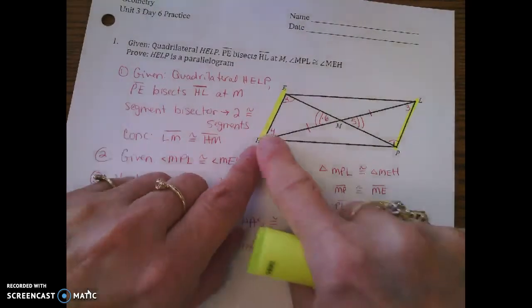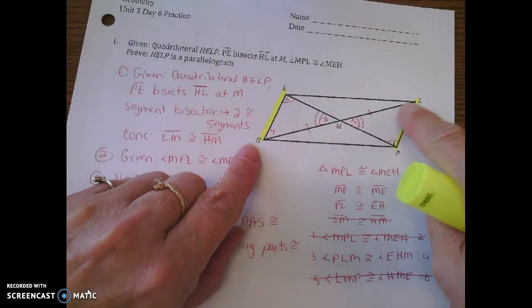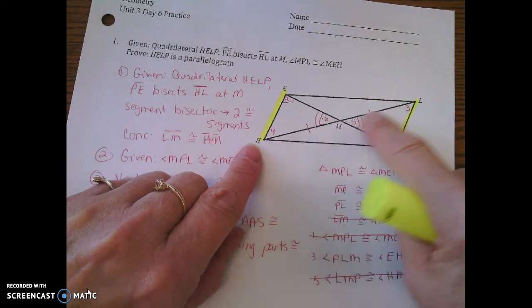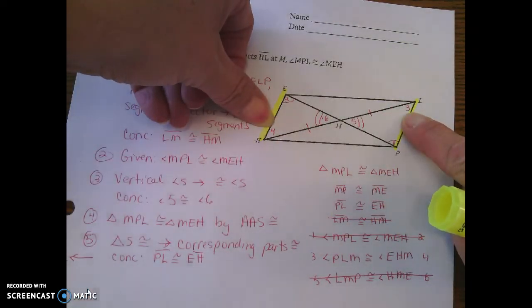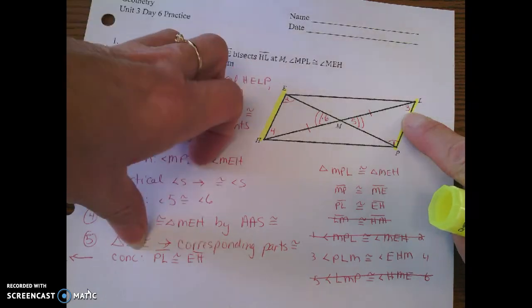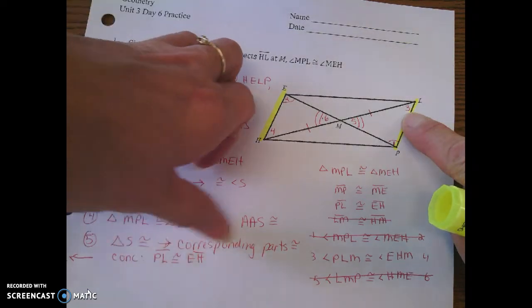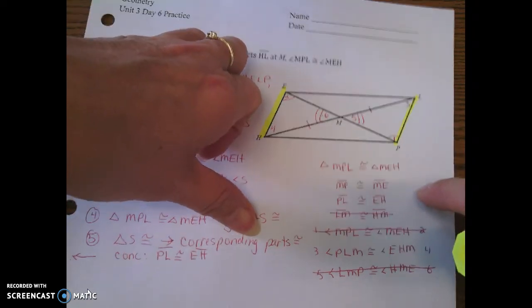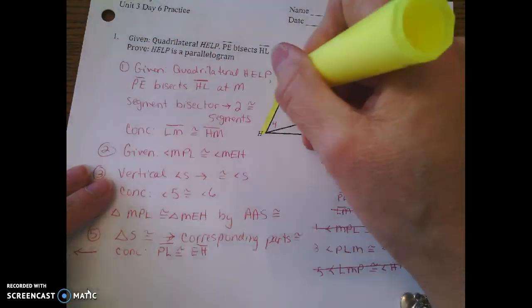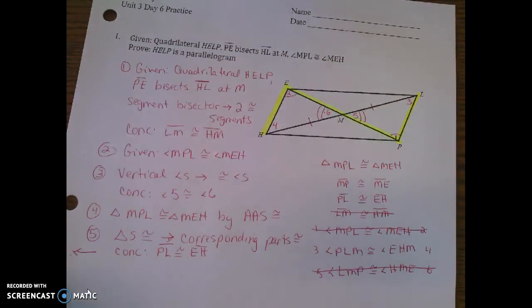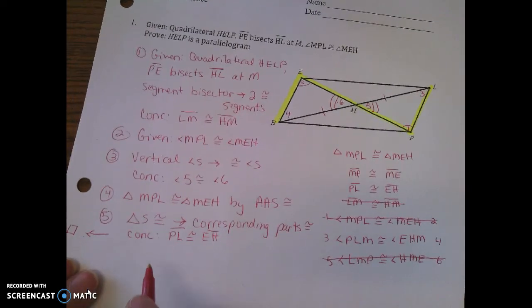Now, you could use either diagonal. If I choose line segment HL, I also need to conclude angle 3 is congruent to angle 4. And I could conclude that right here because all the rest of the corresponding parts are congruent. Since I already have angle 1 congruent to angle 2, it would be less work if I chose line segment EP as my diagonal.